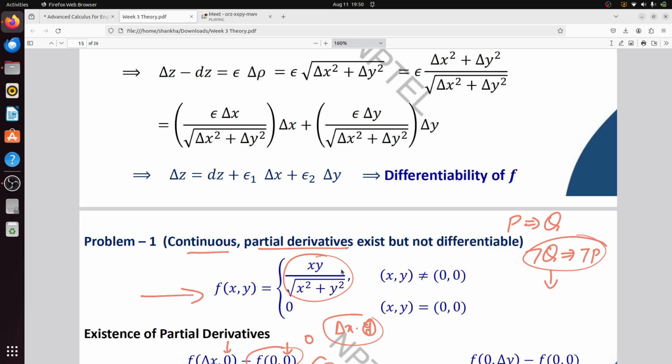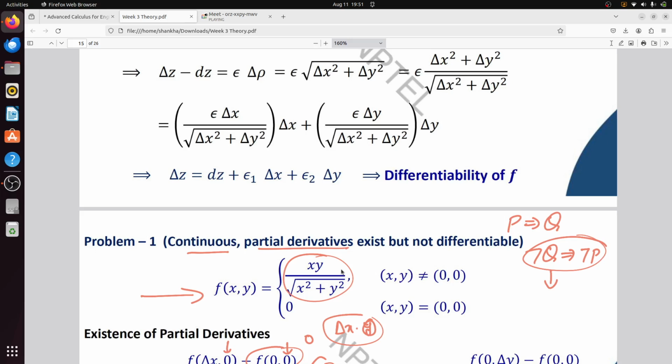And next is the partial derivatives. For the partial derivatives you can simply use the definition. And what will be the partial derivatives at the point (0, 0)? The partial derivatives at the point (0, 0) will be simply 0. Am I clear?